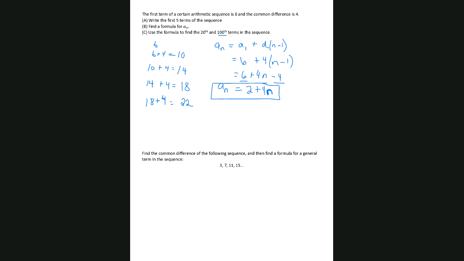So the 100th term is a sub 100, and that's equal to 2 plus 4 times 100. And when I work all that out, 4 times 100 is 400, plus 2, I'm going to get 402. So 402 will be the 100th term in that sequence.